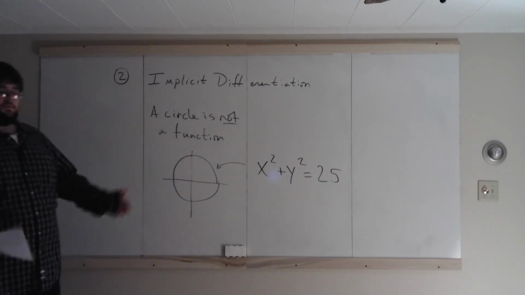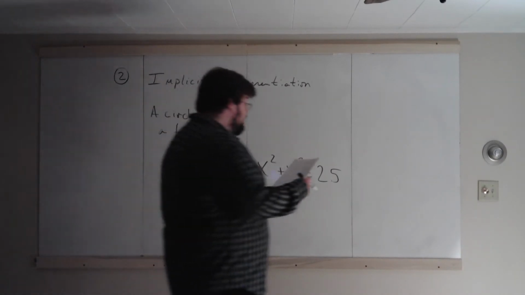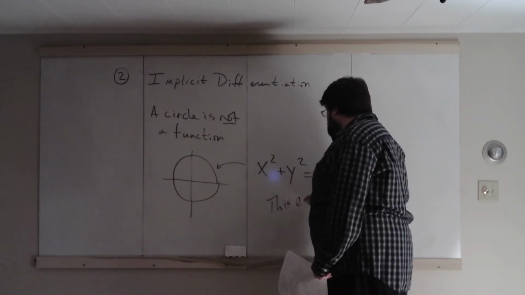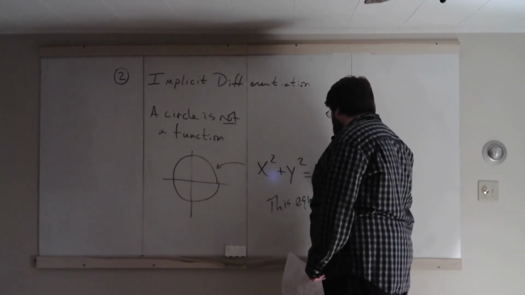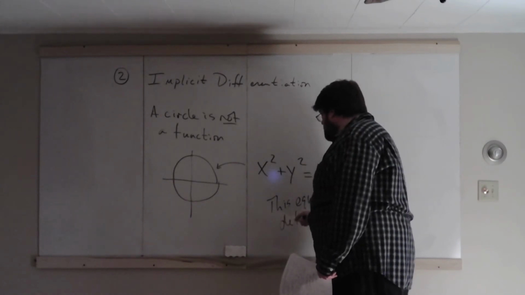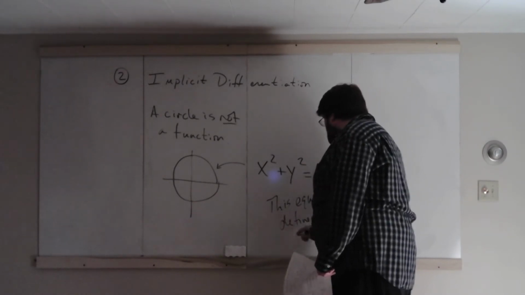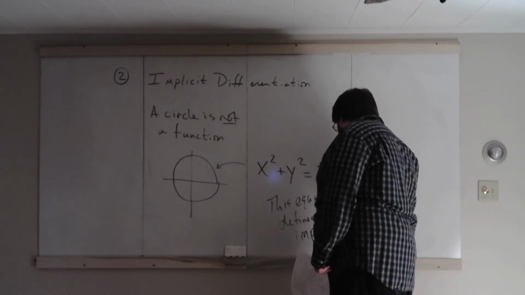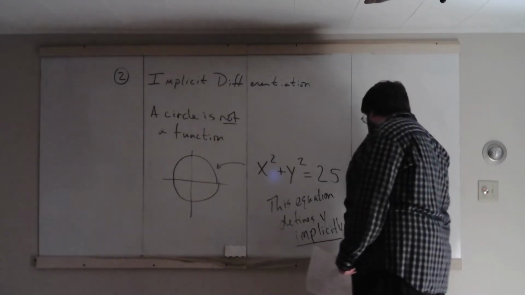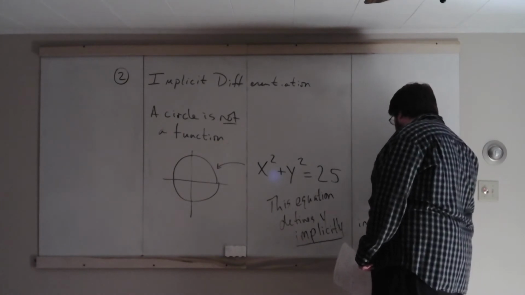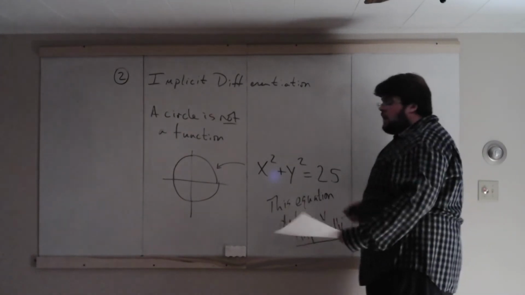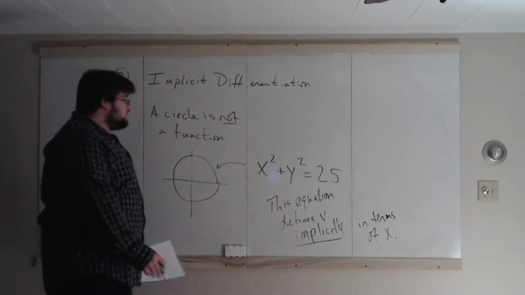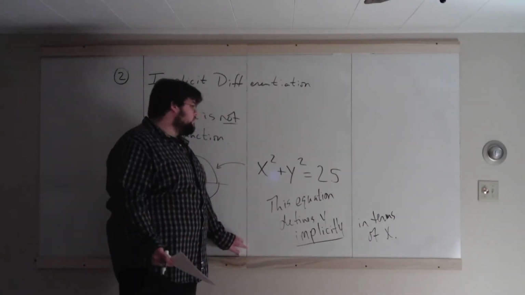But it does define y implicitly in terms of x, meaning we can't solve it for y without having to make a choice. In this case, our choice would be a positive or a negative square root.